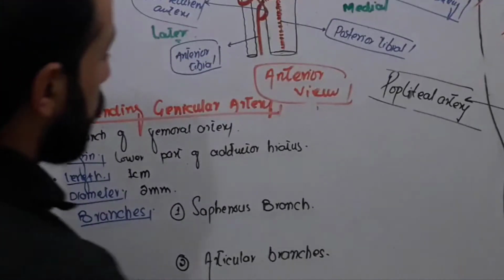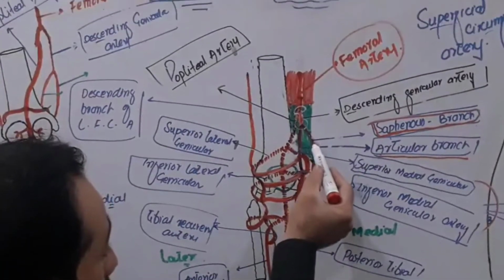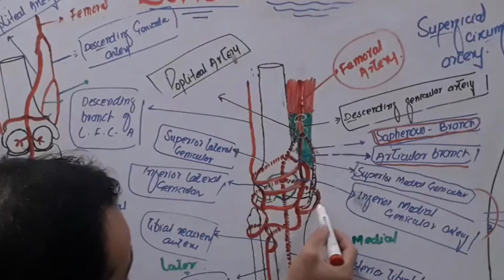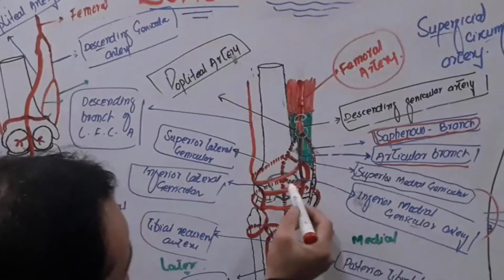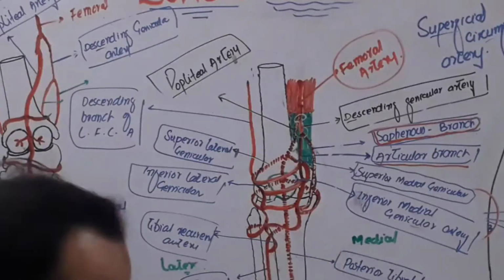The saphenous branch will make anastomosis with the, look friends, this is the saphenous branch and if we follow it, it comes and makes anastomosis with the inferior medial genicular artery. This is our inferior medial genicular artery and it has made an anastomosis with that, right?